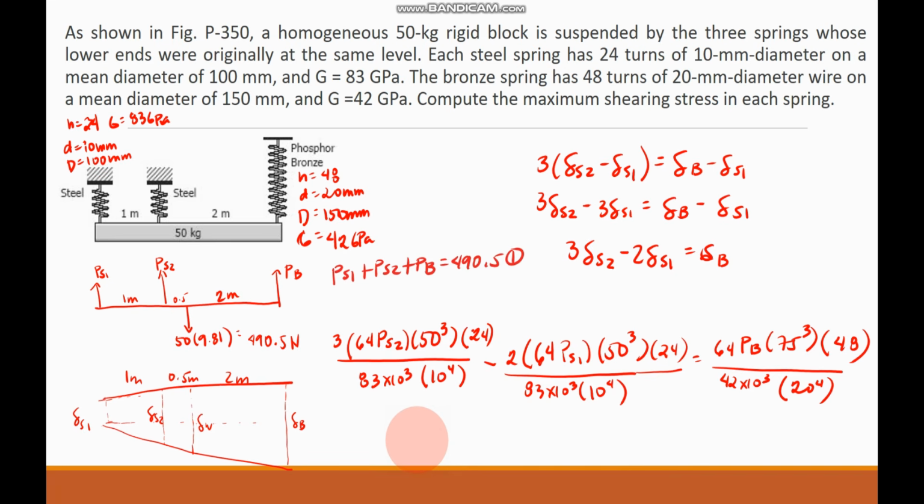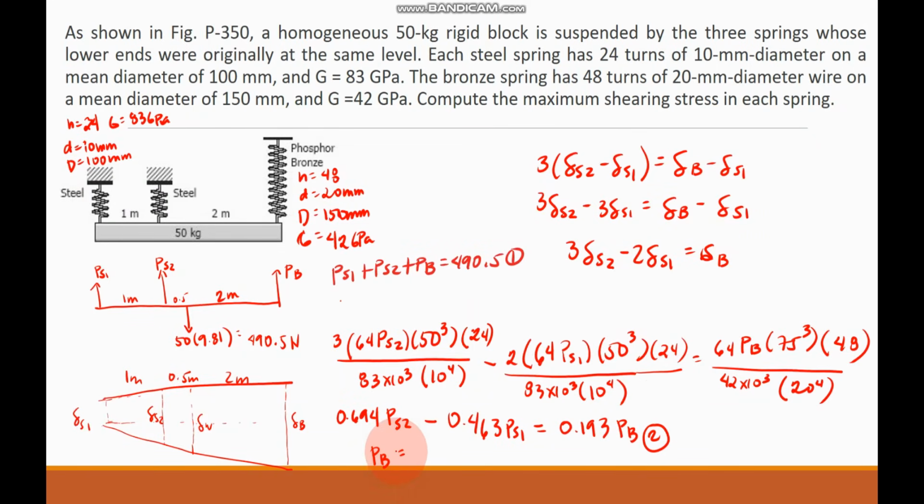So 3 times. So, this part magiging 0.694 PS2 minus 0.463 PS1 is equal to 0.193 PB.